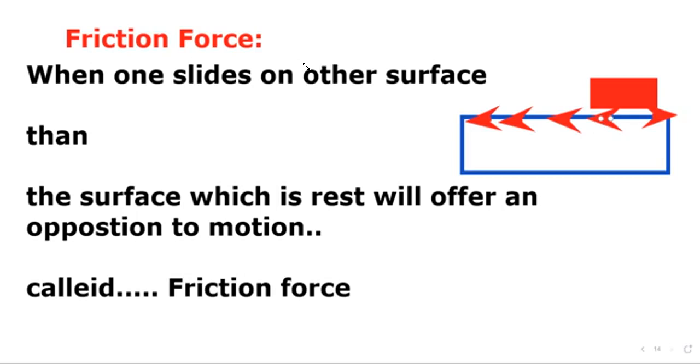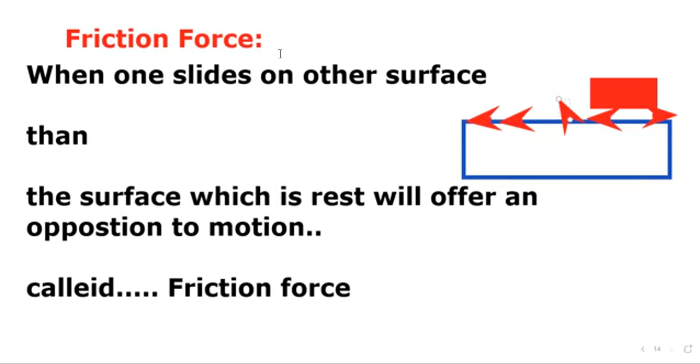Okay, let me draw it again. So its direction will shift like this. So it would always be opposite to the direction of motion.